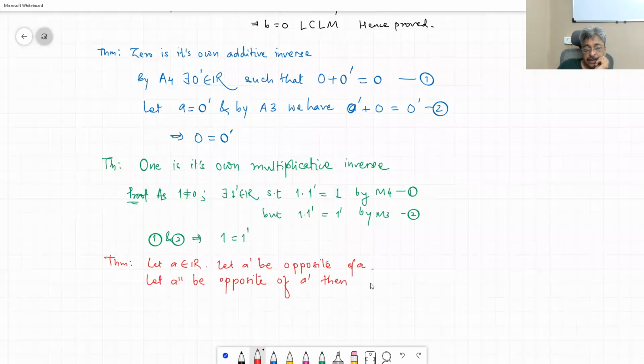Then A is equal to A double dash. Opposite of opposite is original.